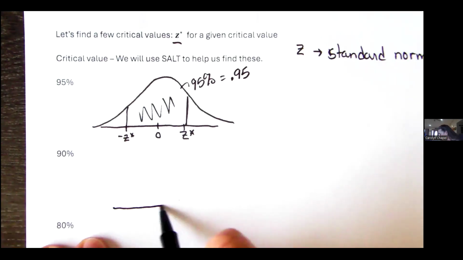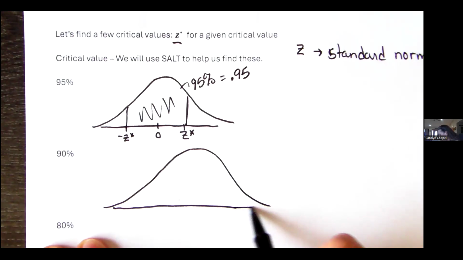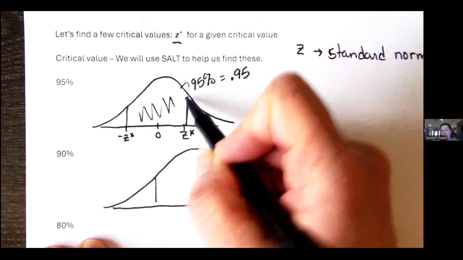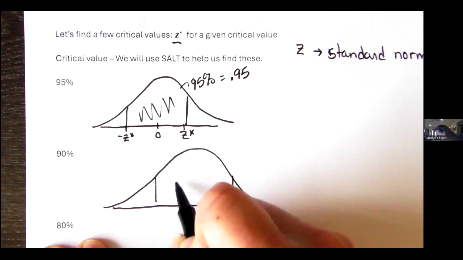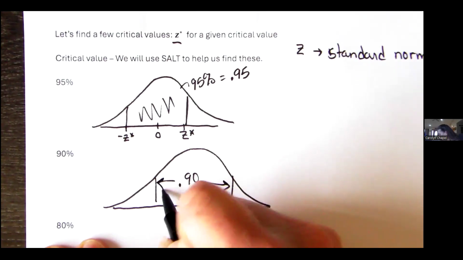Here, we're going to just change the area to 0.90, so between two values, and they will be symmetric on both sides, although my picture was bad. So we want 0.9 in here, 90% here.